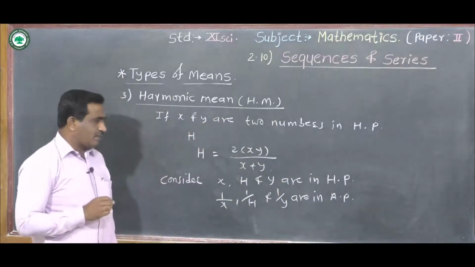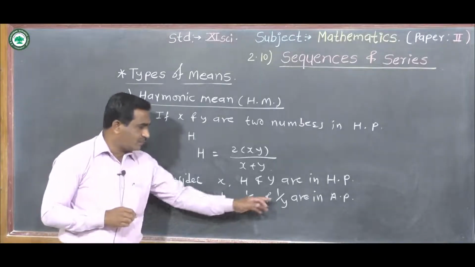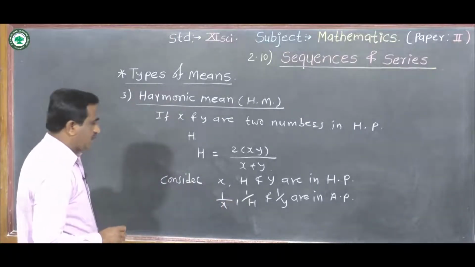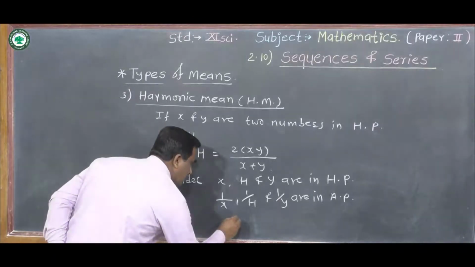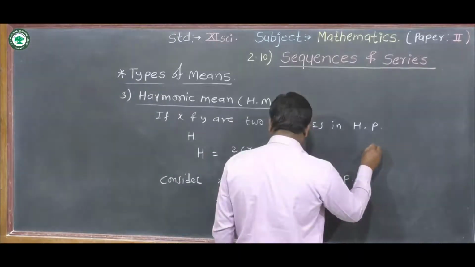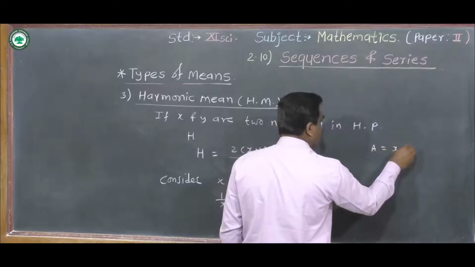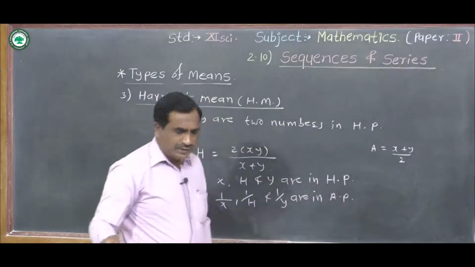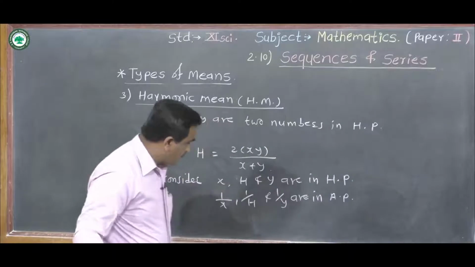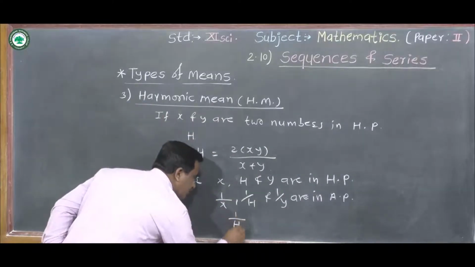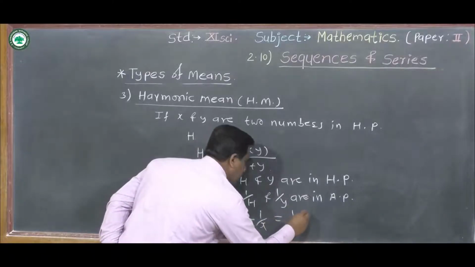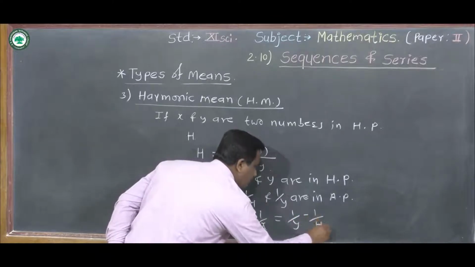Therefore in arithmetic progression we can write the common differences of consecutive terms: 1 upon H minus 1 upon X is equal to 1 upon Y minus 1 upon H.